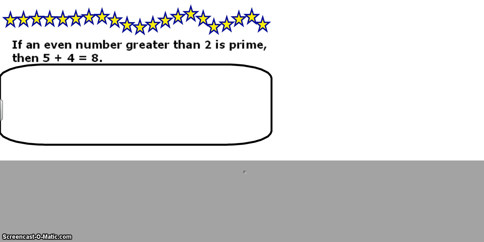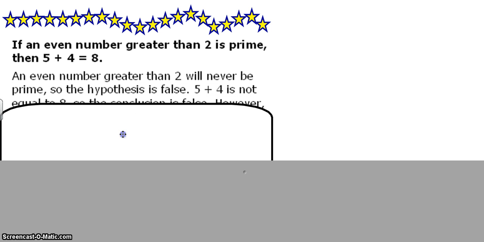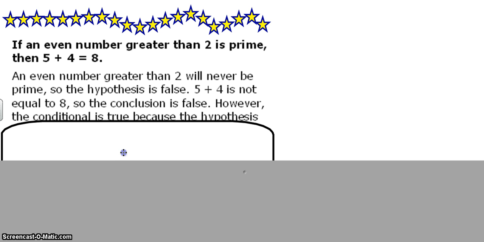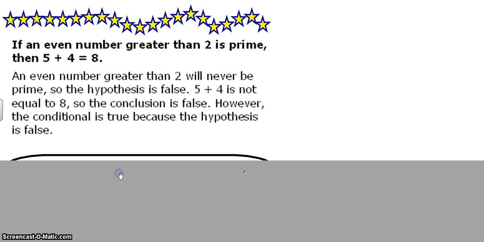There is not an even number greater than 2 that is prime. So the hypothesis here is false. Isn't that interesting? It's false. And the conclusion happens to also be false, right? But if the hypothesis is false, it doesn't even matter whether the conclusion is true or false. What's very interesting here is if the hypothesis is false, the conditional statement is true because the hypothesis is false. Isn't that interesting?